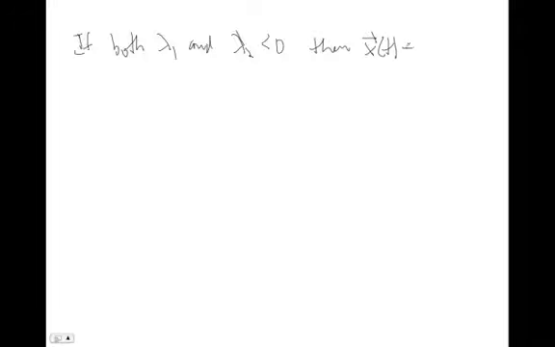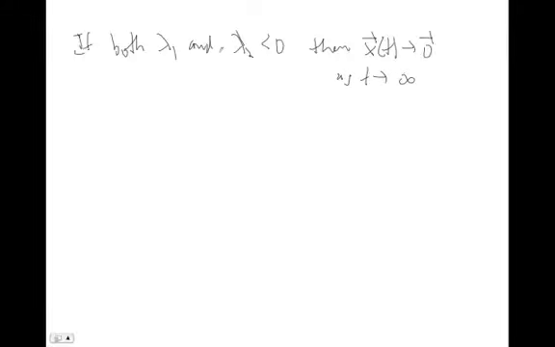So to summarize what that means in that case, we can say if both lambda 1 and lambda 2 are less than 0, then our x vector goes to the 0 vector as time goes to infinity.